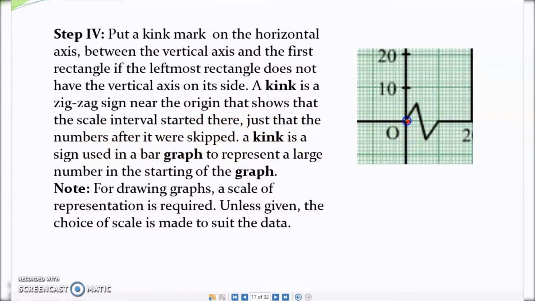So between 0 and that particular interval, the numbers have been skipped. It is used basically to represent large numbers starting in the graph. So it need not start always from 0, it might start directly from a large number.